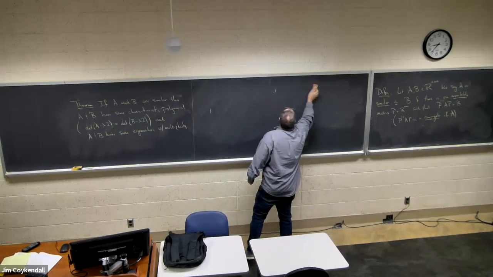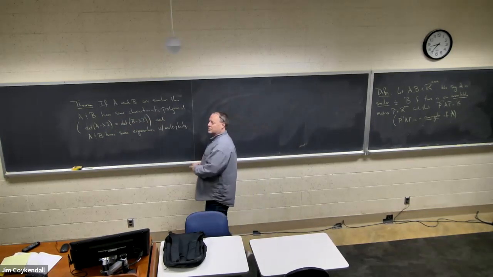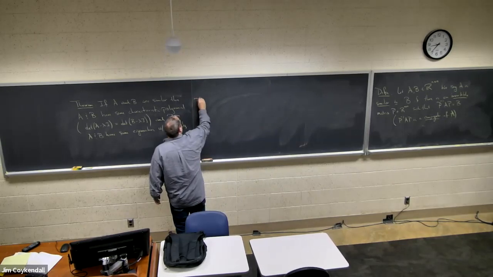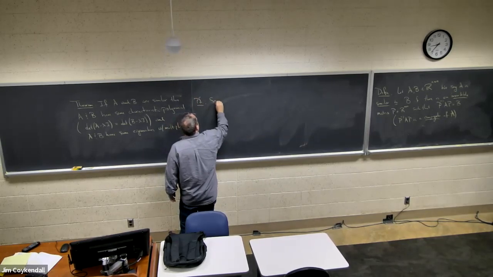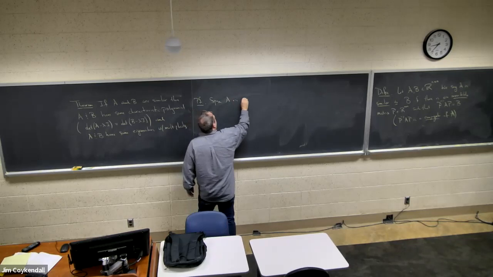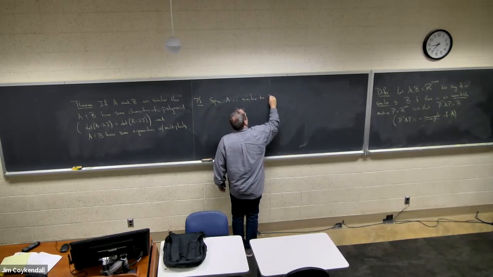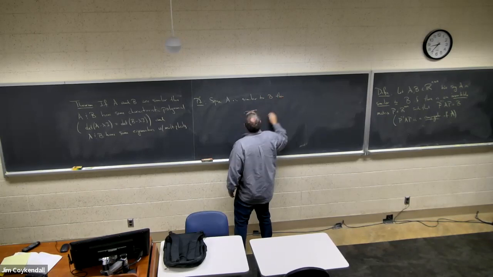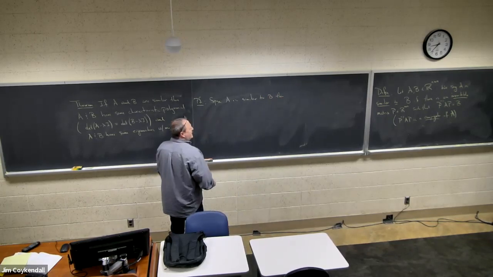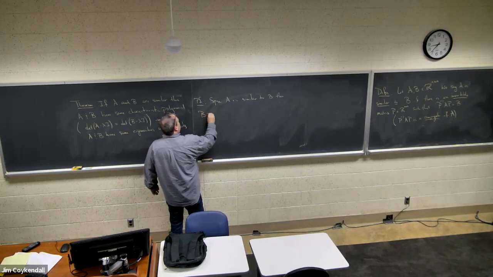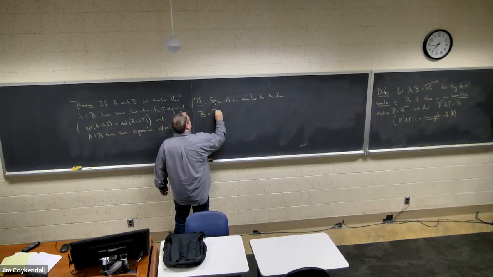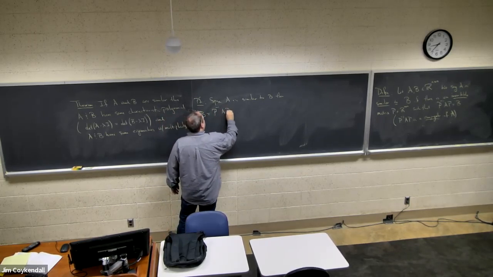Let me quickly outline why this is true. A similar to B. Then B is equal to P inverse A P.